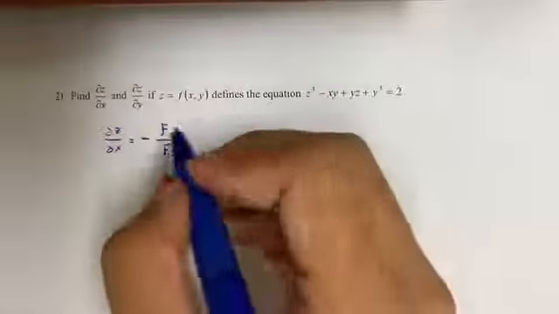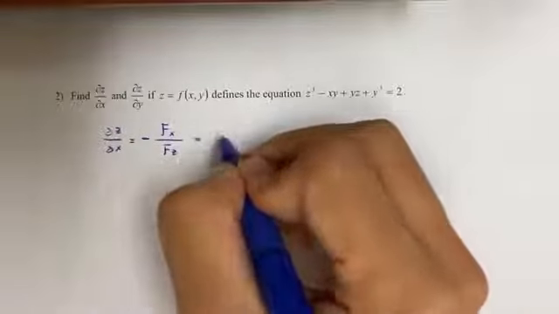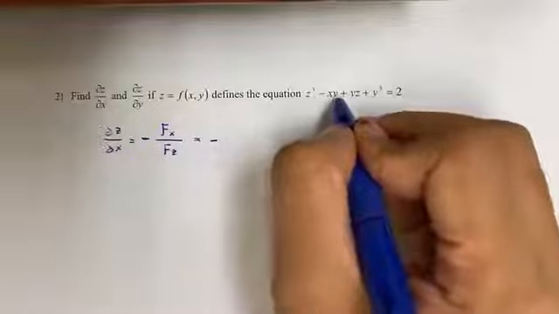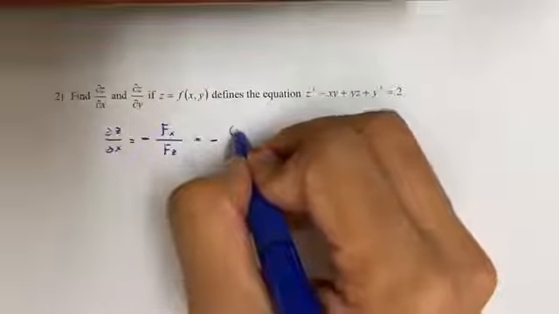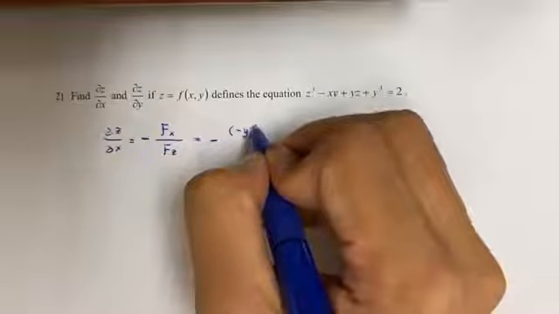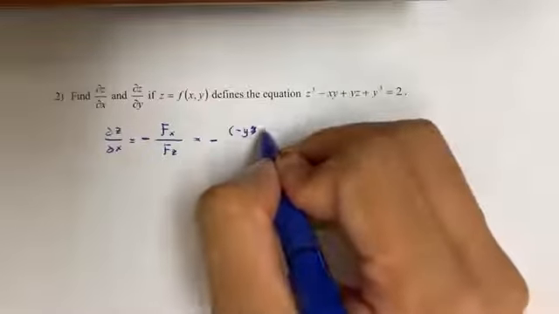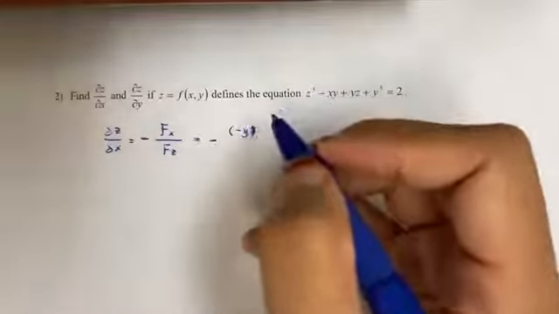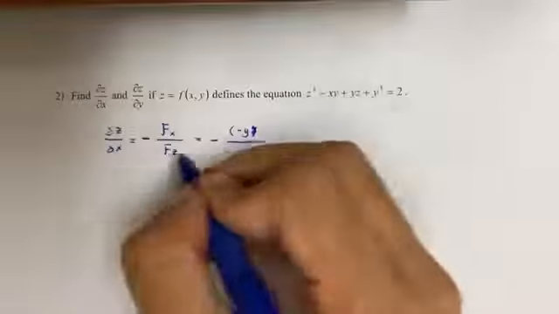So for this one, this is equal to minus fx, from here is 0 minus y, plus 0 plus 0. So this is minus y, divided by fz.